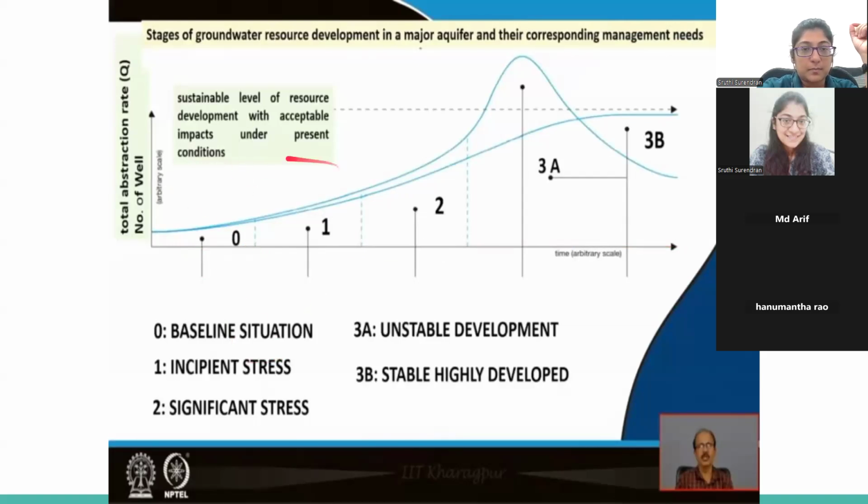If you see this plot, you can see that there is one line that is representing the sustainable level of resource development with acceptable impacts under present conditions. So here it is not an unrealistic approach.